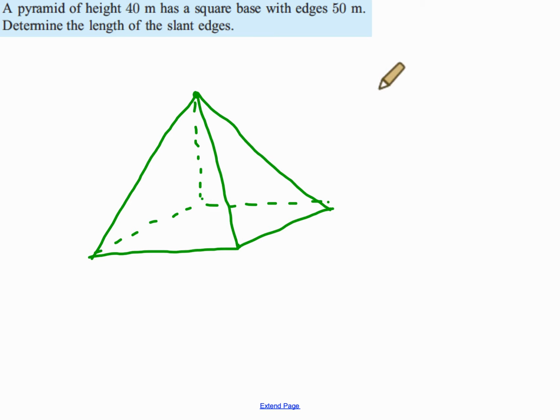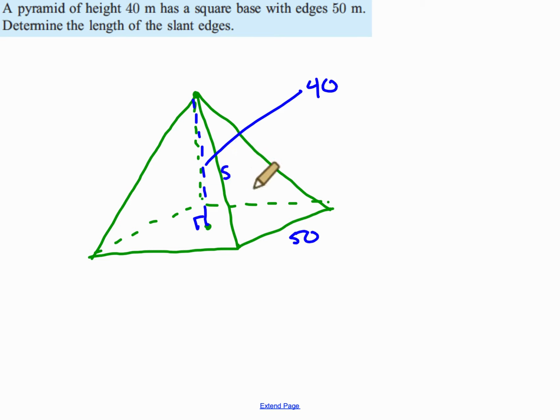Okay. So I'm going to draw the center here, and let me go with a different color. I'll go with blue. It has a height of 40. So if I drop a perpendicular down here, I know that that height right there is 40, and it has bases of 50. And we have to find the slant edges, which is this one right here.